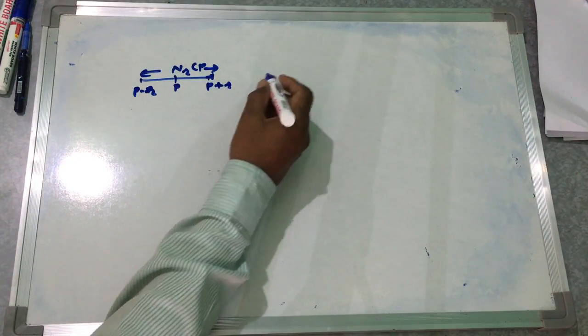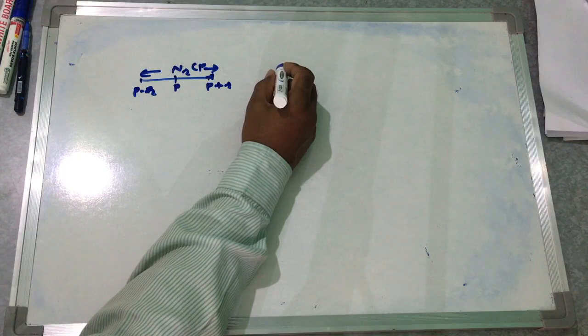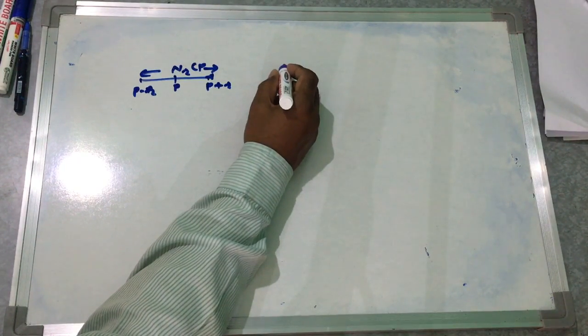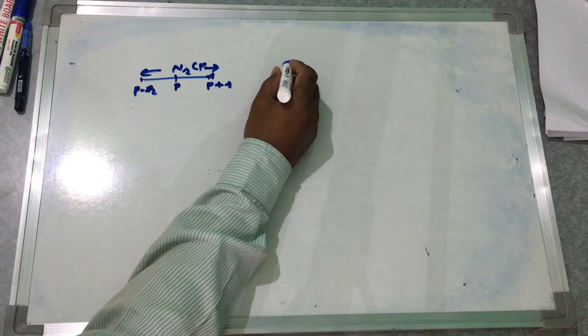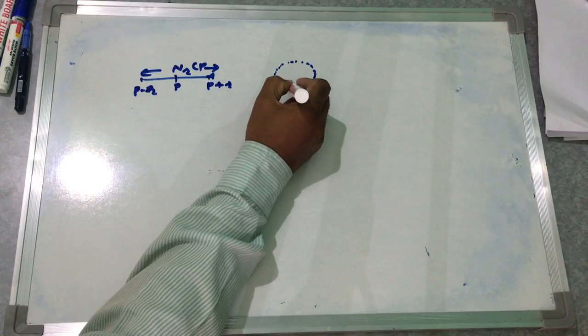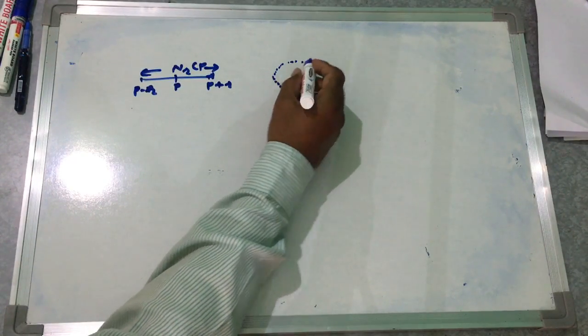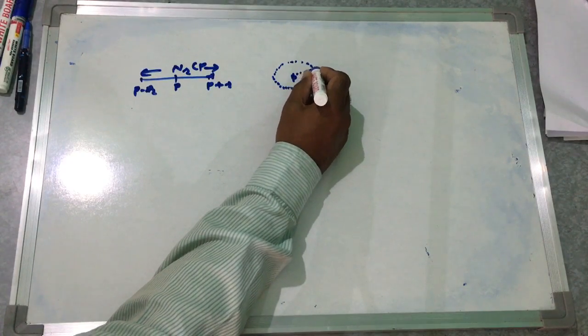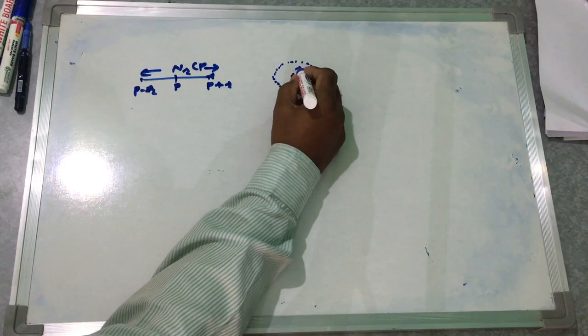Understand? In R squared, suppose we have the circle, this is the point P, and from this point we have the radius r.